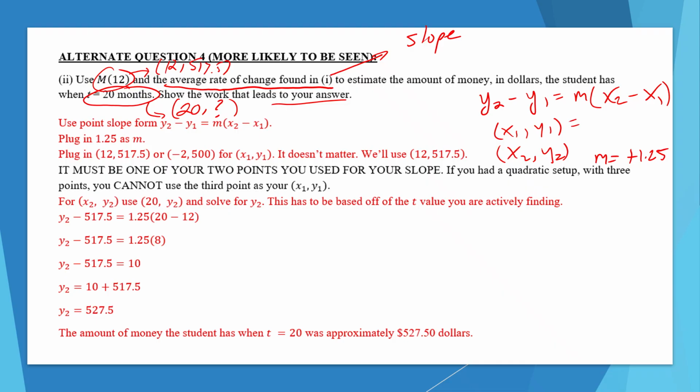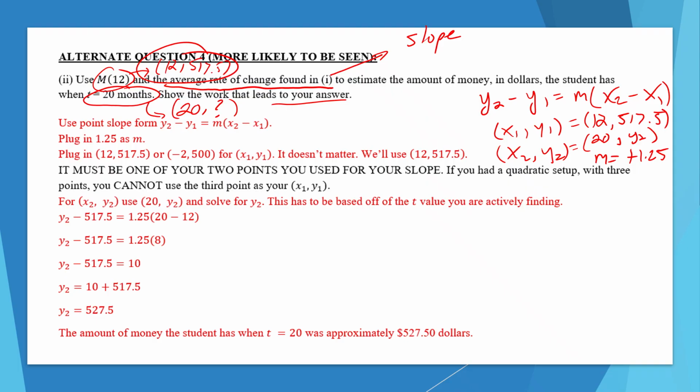We also know our point. That was what we were asked to use, which was (12, 517.5). That is going to be our first point. And then our other point is going to be what we're solving for, right? We need something that's a little bit of a mystery in this one. So we're going to have 20 be our x coordinate, and then we want to solve for y2.